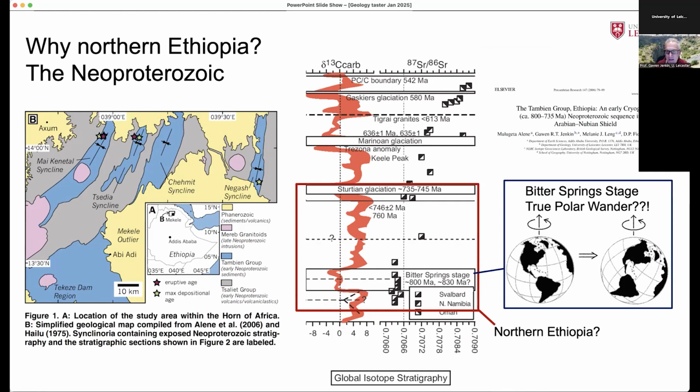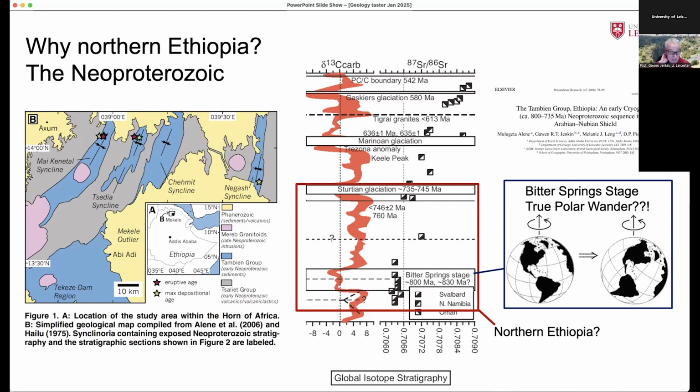And what it's saying is that in true polar wander, the actual axis of the rotation moves away from the magnetic pole. And what that means is the whole of the outer part of the Earth above the liquid outer core has rotated away. So the magnetic core stays in the same position, but the outer shell of the Earth, all of the mantle and all of the crust, is rotating around that and moving.